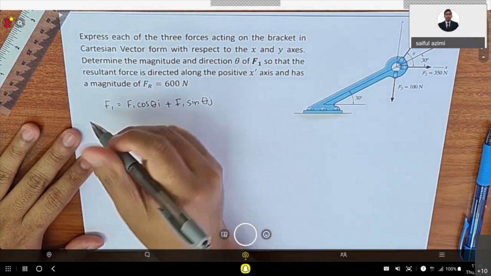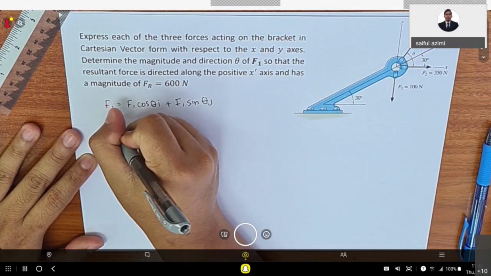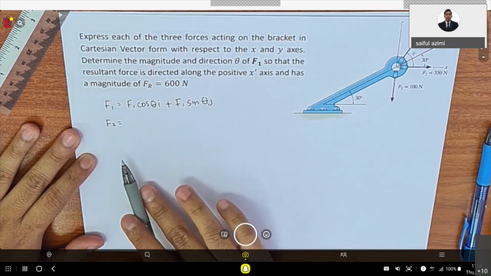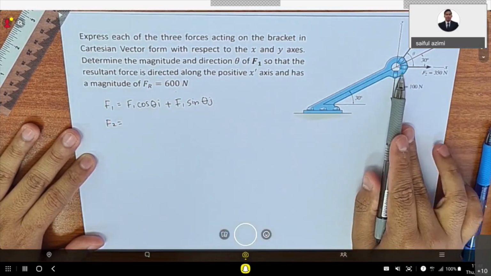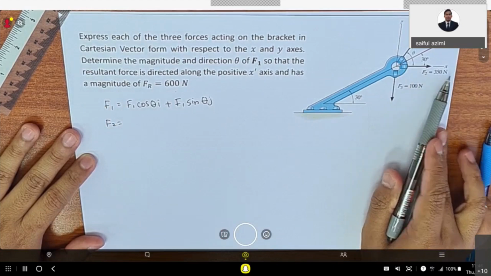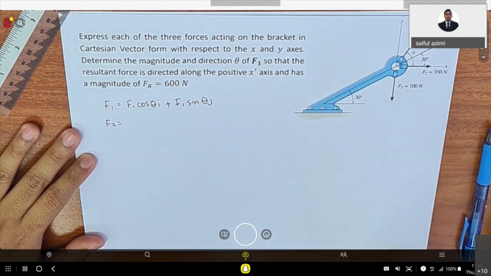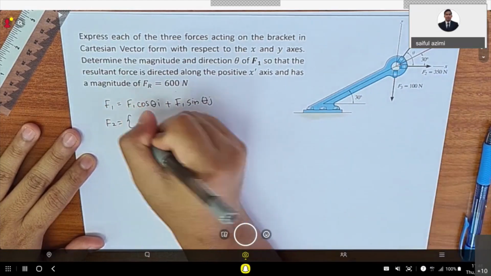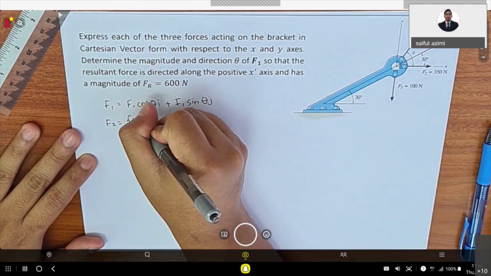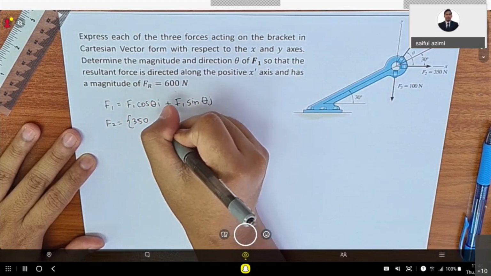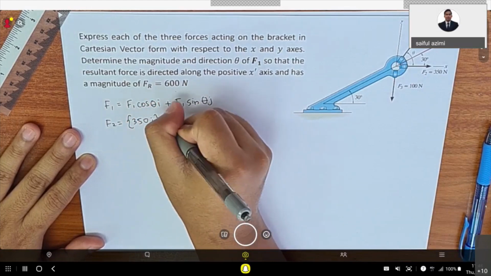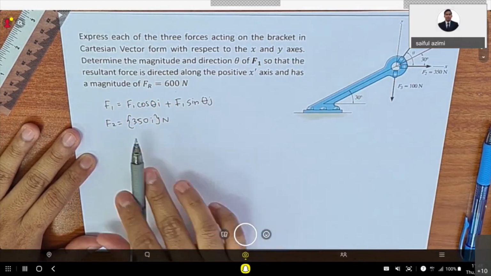And for F2, it is directed only along the x-axis, so it doesn't have any y-axis element. You can just write F2 equals 350i Newton.